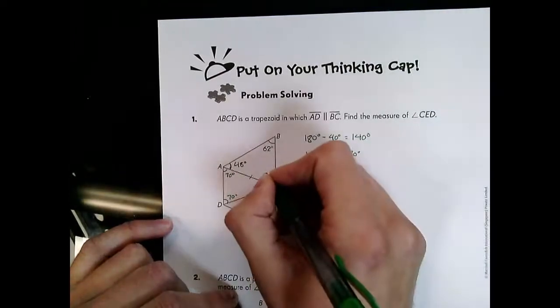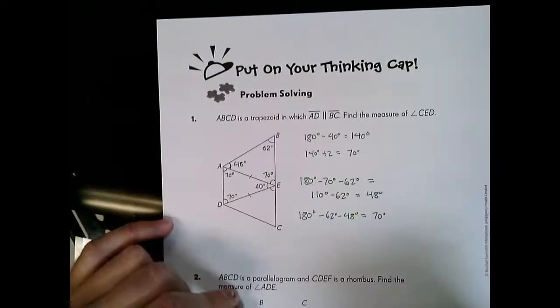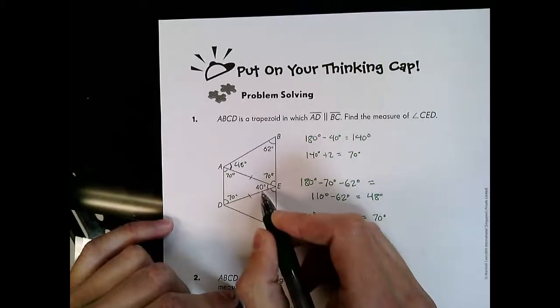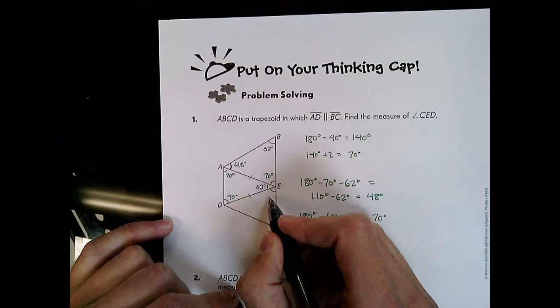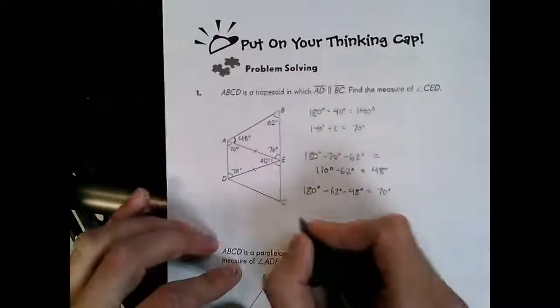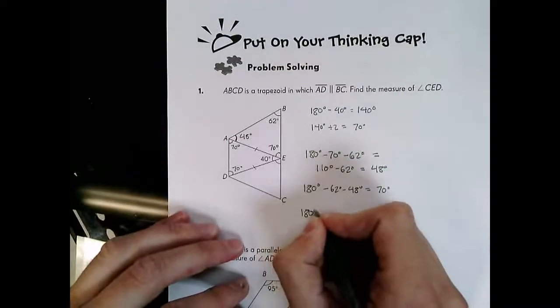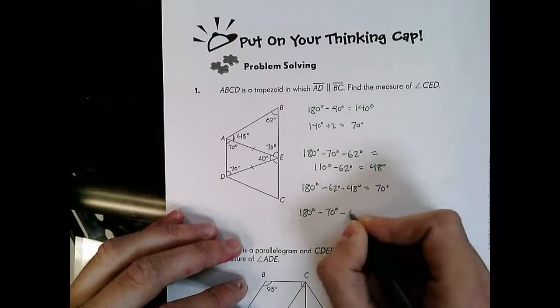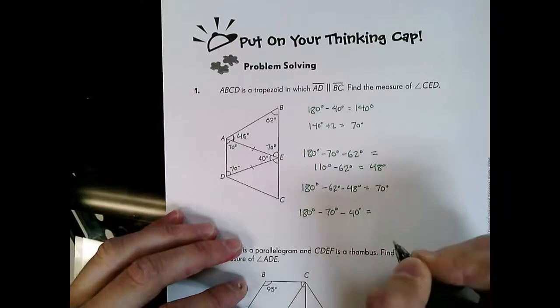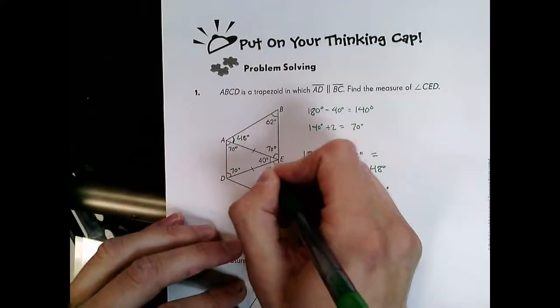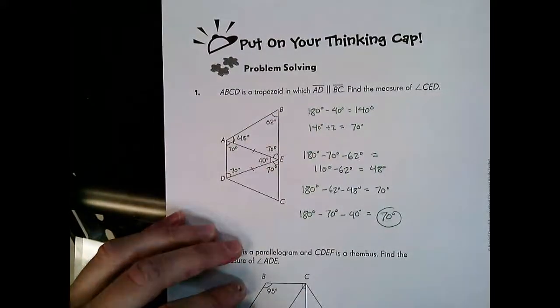So this is 70 degrees. 70, 40, and that. These are angles on a line, so those all have to add up to be 180 degrees. Lots of subtracting things from 180 degrees leaves me with 70 degrees. This has got to be 70 degrees.